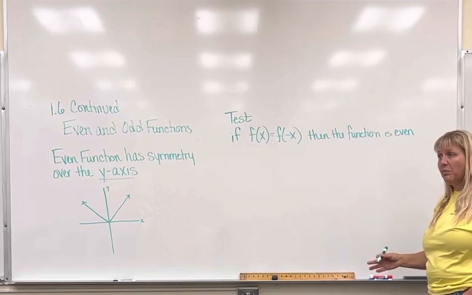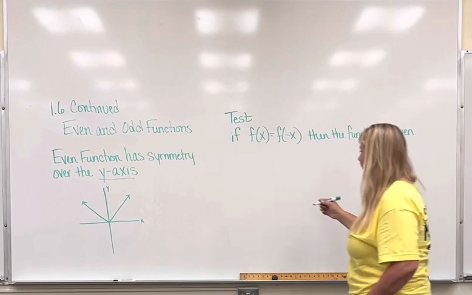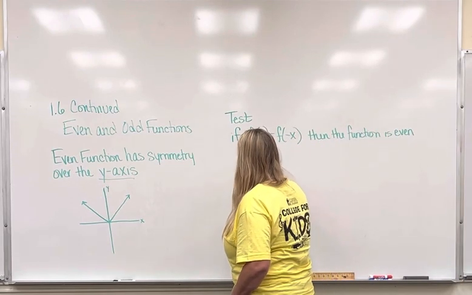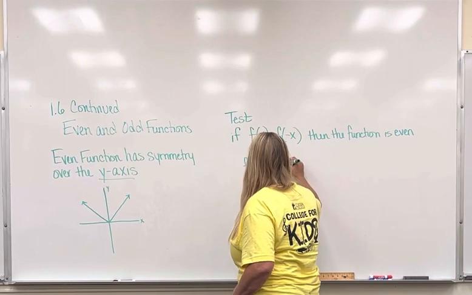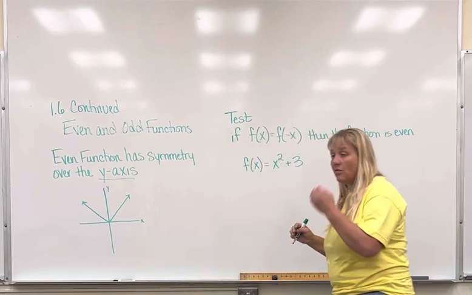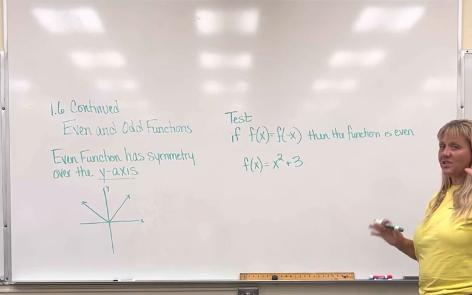So let me give you an example, and this is one that we probably could think about the sketch and what it looks like, but let's just start with f of x equals x squared plus 3. Okay, so there is our function, and I know that you could graph this, but let's just think about it right now.